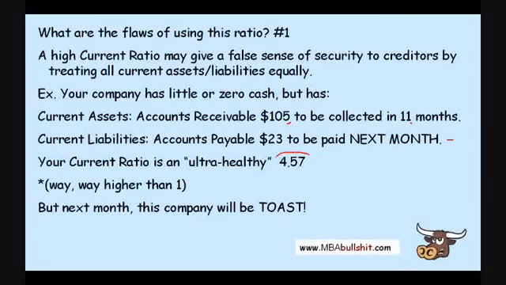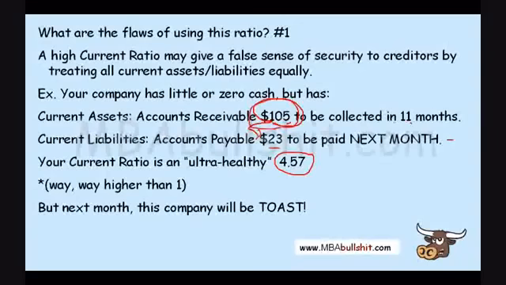Why? Well, you have a very high current ratio because you have more than enough current assets to pay for your current liabilities. But these current assets will be turned into cash 11 months from now, which will be too late to pay for these current liabilities next month.